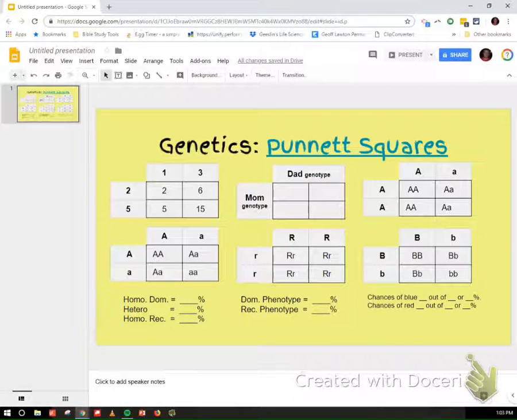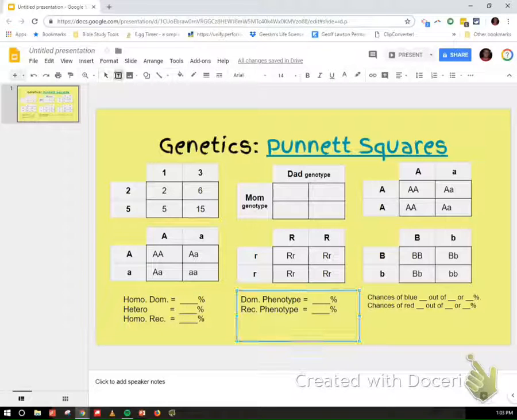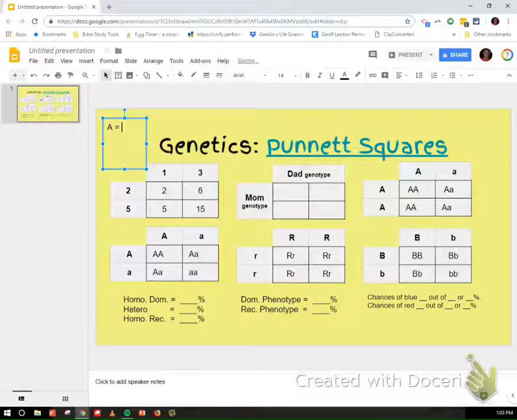Let's just say this shows that somebody has, I don't know, let's put a key down here. Big A equals brown hair.